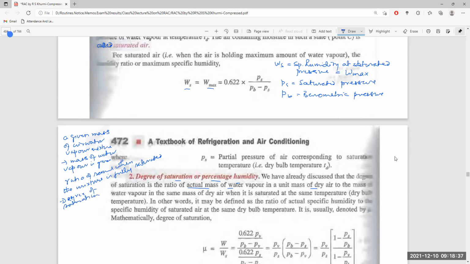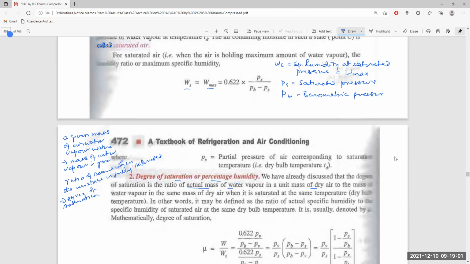In other words, it may be defined as the ratio of the actual specific humidity to the specific humidity of saturated air at the same temperature. Specific humidity means the amount of moisture present per kg of air, divided by the amount of moisture present per kg of saturated air at the same temperature.